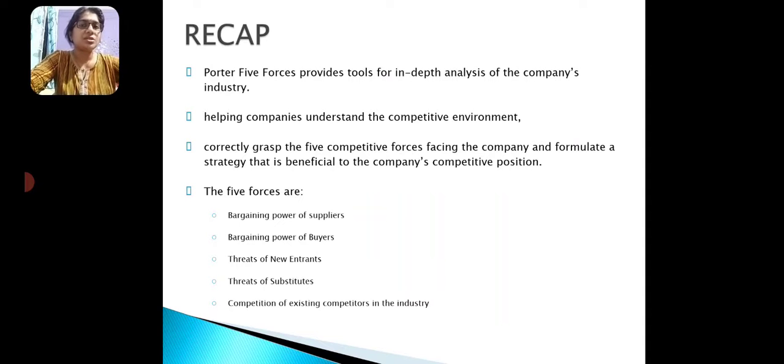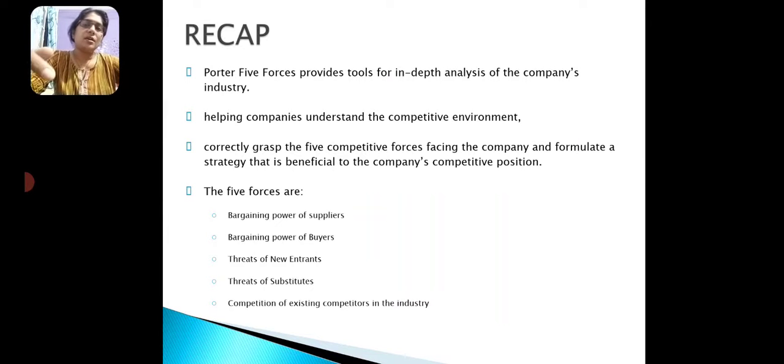Then you can make strategies later. Correctly grasp the five competitive forces facing the company and formulate a strategy that is beneficial to the company's competitive position. As I said, not every strategy is suitable for every company. You have to see what the situation of your industry is and then formulate accordingly.